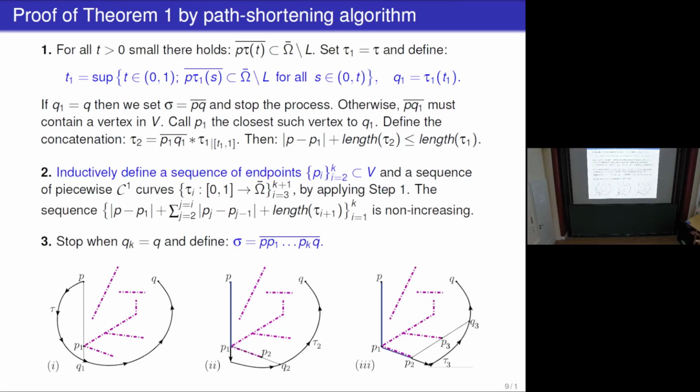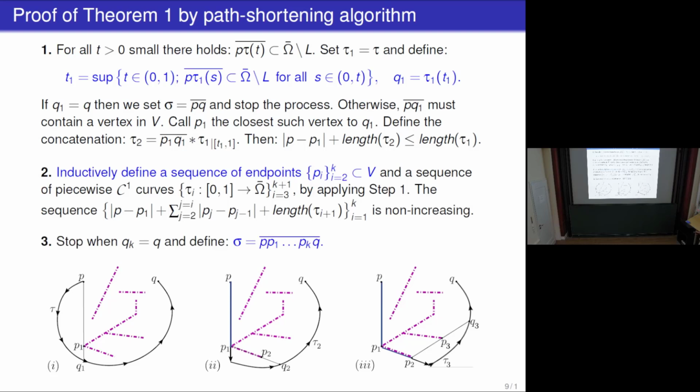So this is really the proof of Theorem 1. There is a path-shortening algorithm, which is pretty obvious. You take P and Q, you have a bunch of cuts here, you take a curve, and then you shorten this curve by replacing its parts in consecutive order by straight lines. So first you have this curve, and you go from P, you start emanating rays from P along this curve until they touch the set of cuts for the first time, and this is the first segment that you keep. And then you continue. So then you look at this remaining piece of the curve.